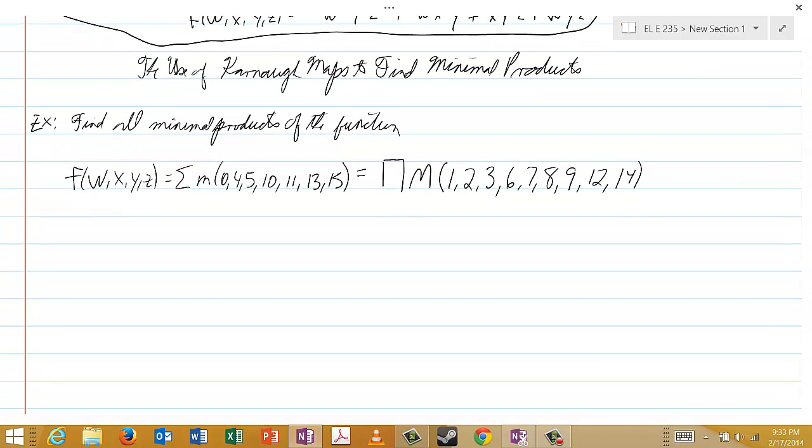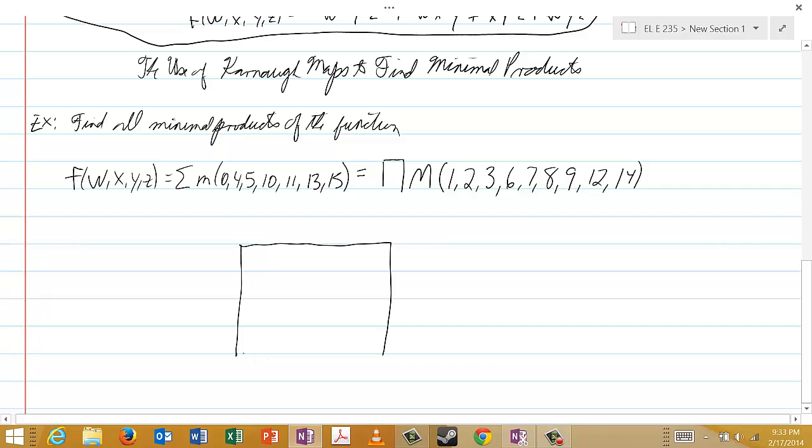Now that we have identified that, you'll see that a lot of this is going to look very familiar to you. We want to find the Karnaugh map for this function. Again, we have 4 variables, so we end up with a 4x4 Karnaugh map, because 4 variables gives us 2 to the 4th cells, which is 16 cells.